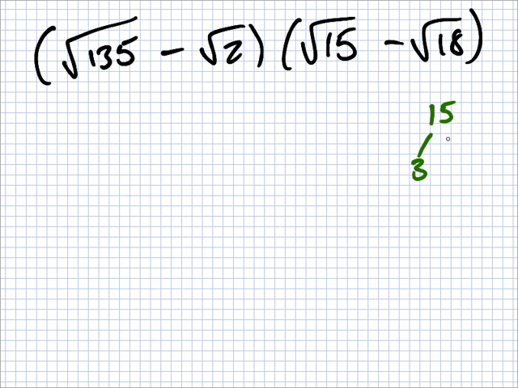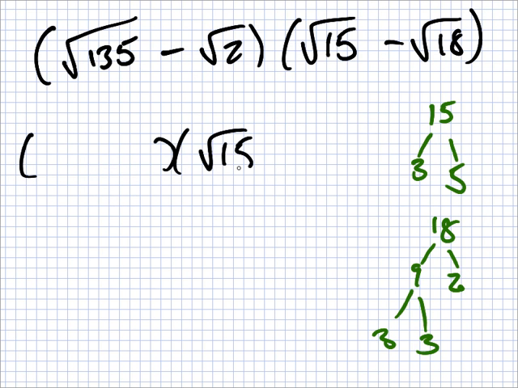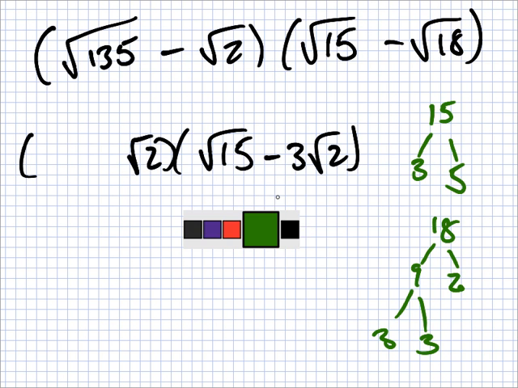15 is 3 and 5. Would there be any point in doing that? No. 18 is 9 and 2. Well, I don't know, because 9 is 3 and 3. So I think I will. Yeah, I will change this into 3 root 2. 2, any good? No. What about 135?